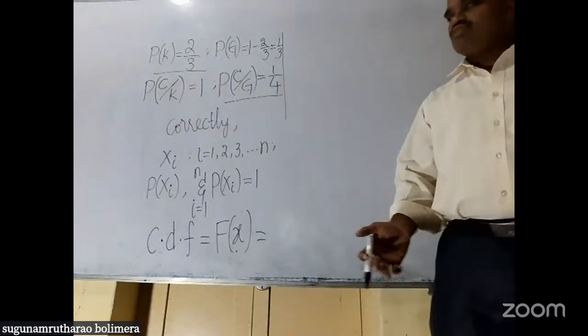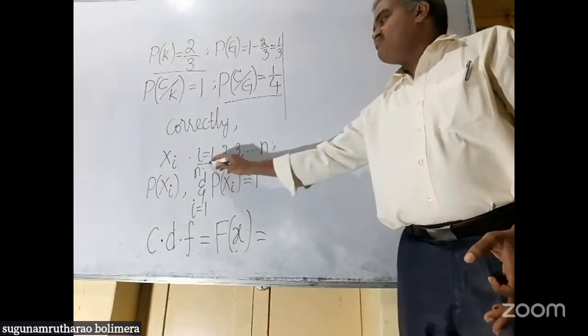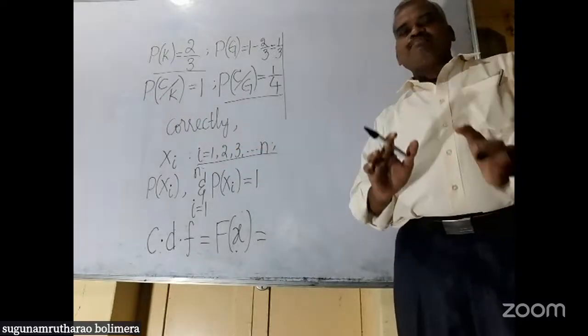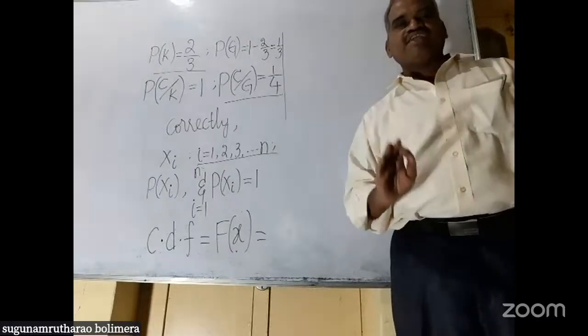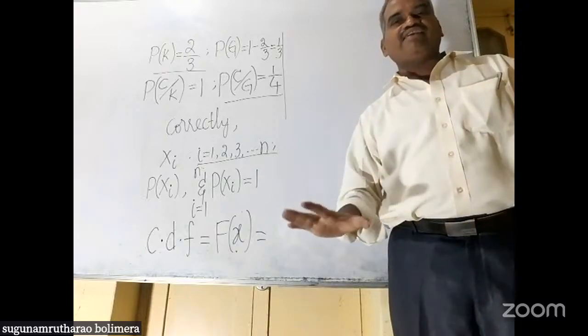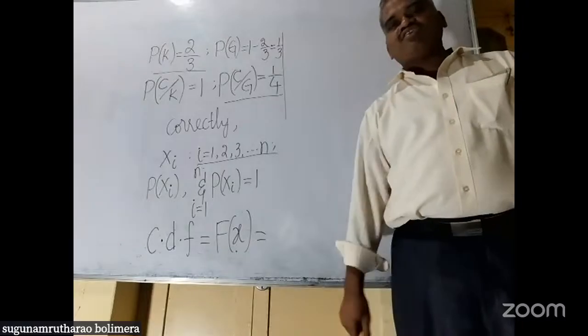Discrete random variable means if it takes only finite values. For a temperature for every hour, measuring temperature in every hour of a day, there will be only 24 hours.